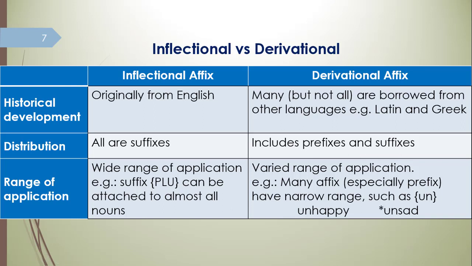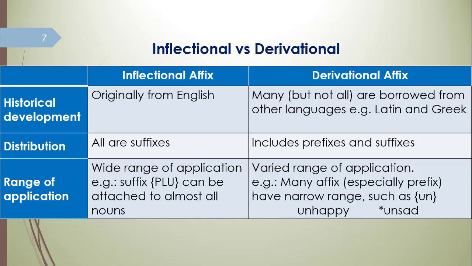For the range of application, inflectional affixes have a wide range of application. For example, the plural suffix can be attached to almost all nouns. However, derivational affixes have a varied range of application. Some of them have a wide range and some of them have a narrow range.